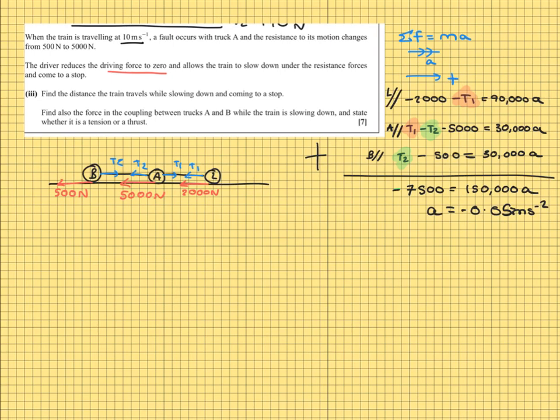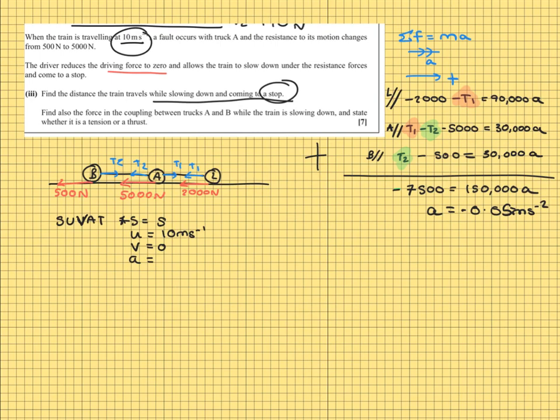So we need to find the distance the train travels while slowing down and coming to a stop. So we're going to use SUVAT here. Let's see the information that we need. s is what we're looking for. Be careful, that's an s, not a 5. u is the speed we are initially travelling at, which we're told in the question is 10. v equals 0 because the train comes to a stop.